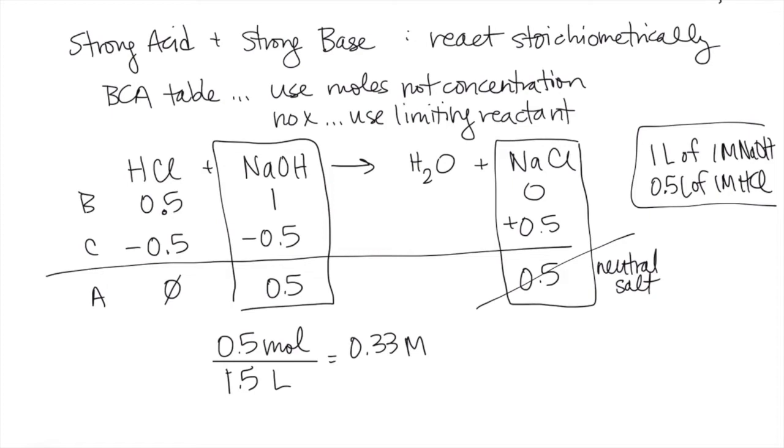And I'm going to take the negative log of that. So the negative log of 0.33 gives me my pOH, which is 0.48.